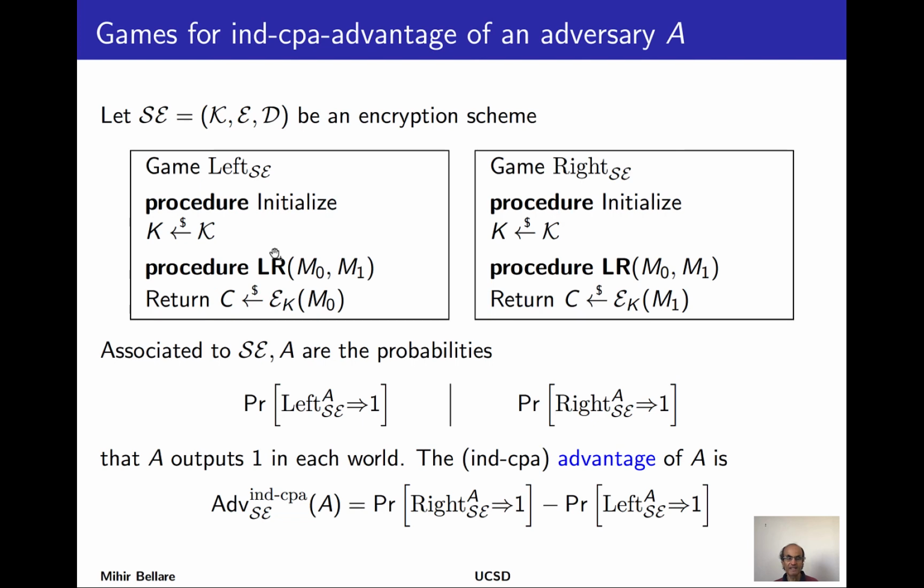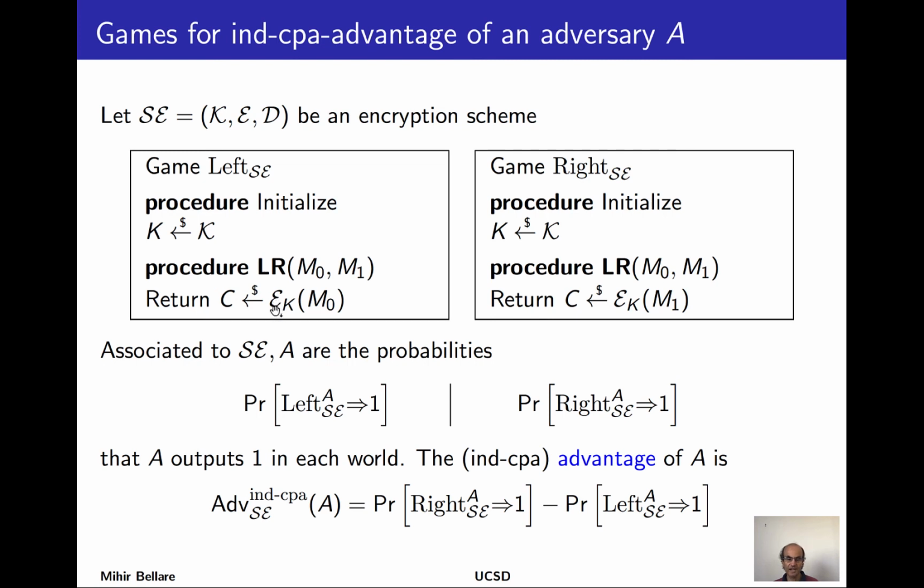What the adversary gets is a procedure called LR, which stands for left or right. This procedure takes as input not one message, but two messages. And in the left game, when the query is made, it takes the left message, M0, and then it encrypts it. How does it encrypt it? Using this prescribed algorithm, this key, and running them.